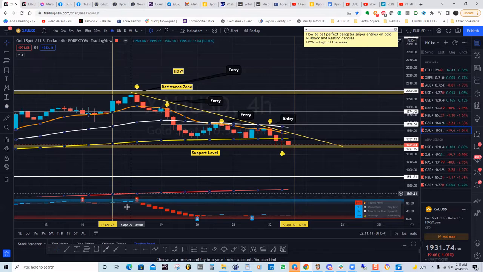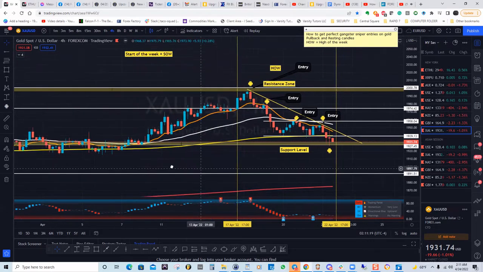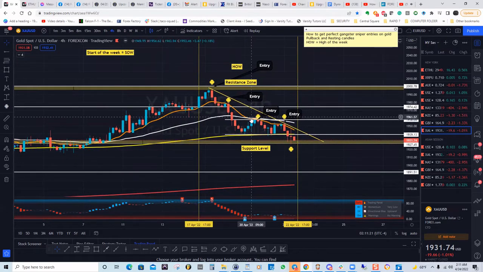Now let's see where the indicators crossed. Did they cross on any place that I entered? Well, they crossed right here, right? This crossed right here, right? This here crossed over for a buy, and then it crossed right here.